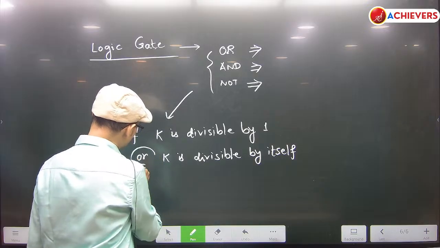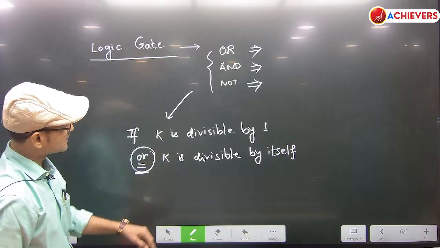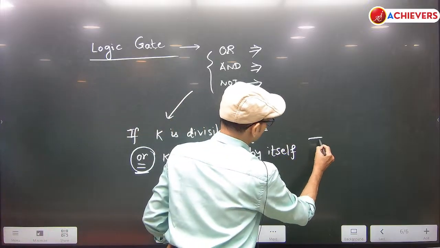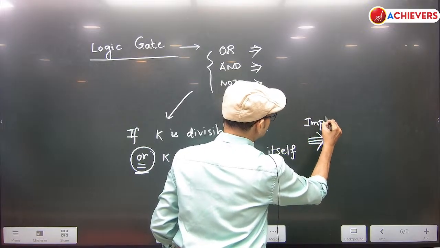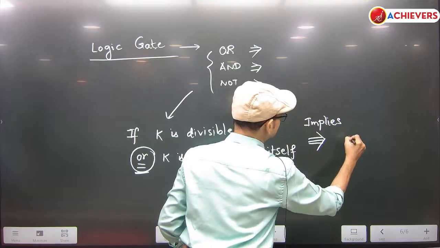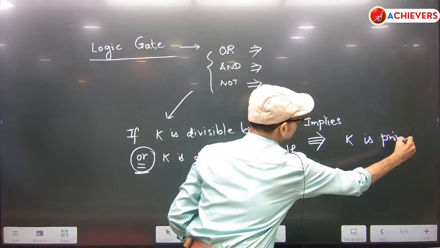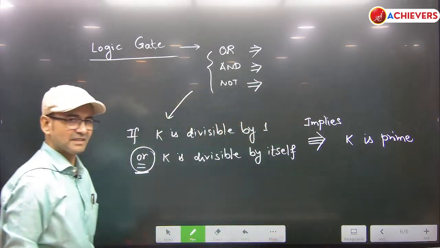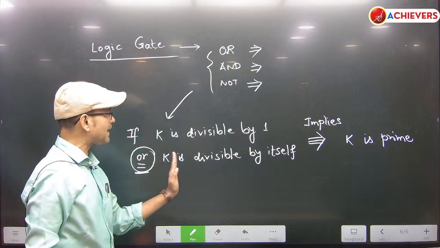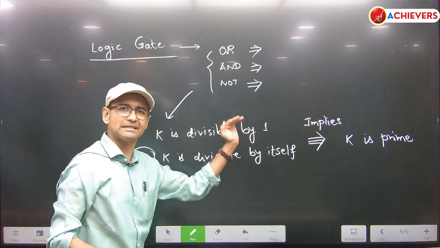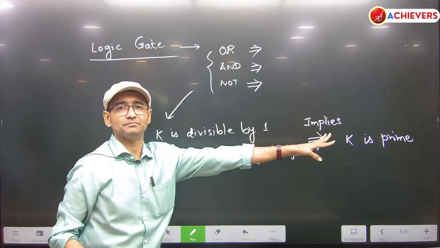Here we have applied the OR logic gate. What does this imply? K is prime, isn't it? So if K is divisible by 1 or K is divisible by itself, any of these two, then K is prime.